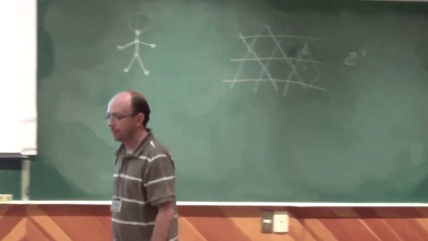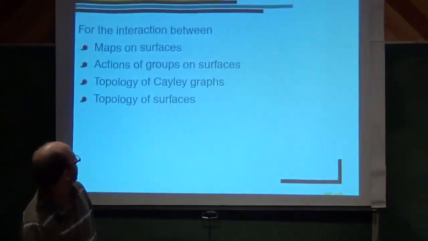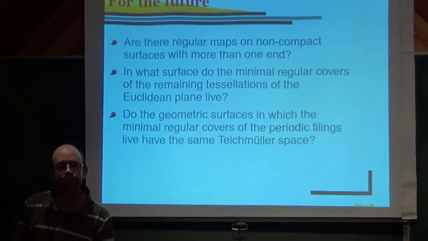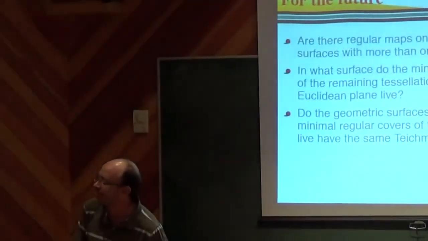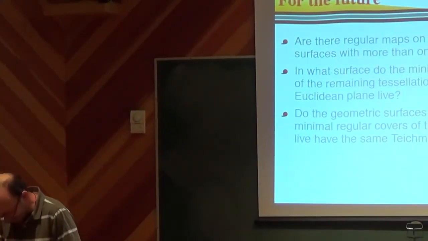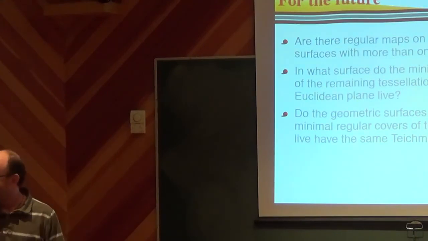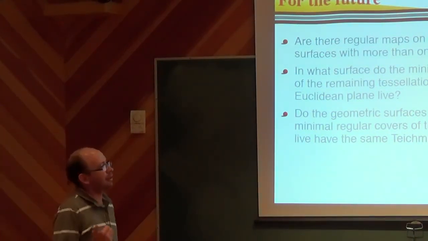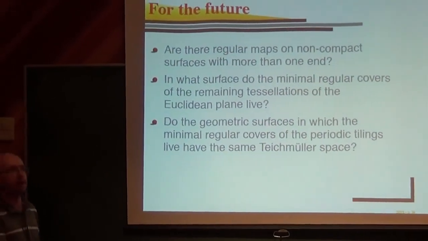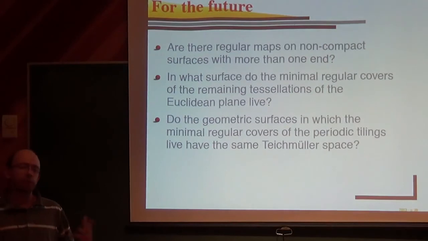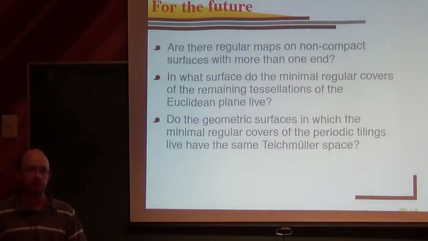Your first question had to do with regular maps on non-compact surfaces, right? Yes. And you said there's this theorem, Schwarzman, yes, I think that one, that says that if a group acts co-compactly and properly discontinuously on an infinite type surface, then the space of ends must be only one end, well, it can be compact, of course, or it has two ends, or the space of ends must be the Cantor space.